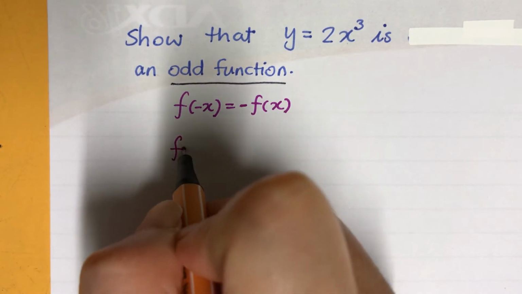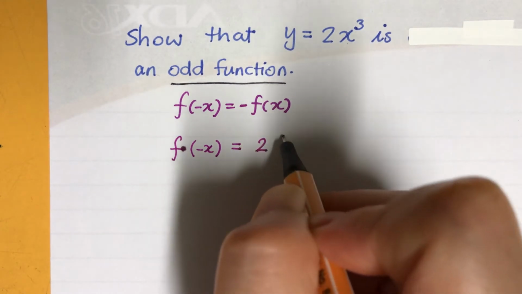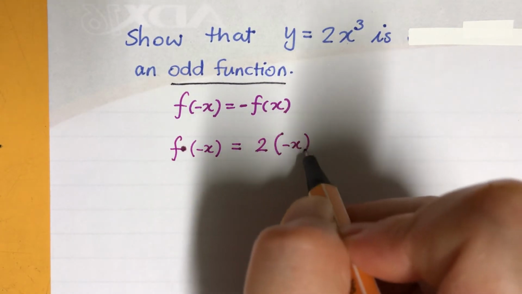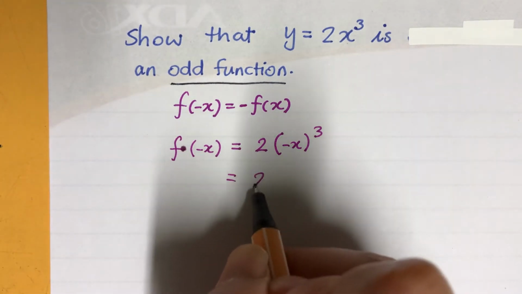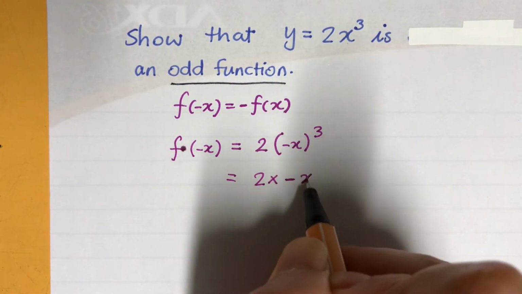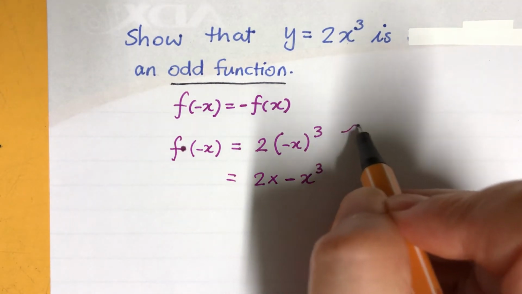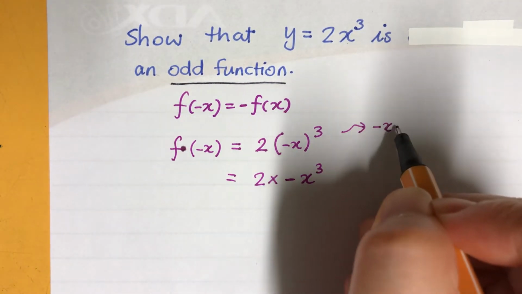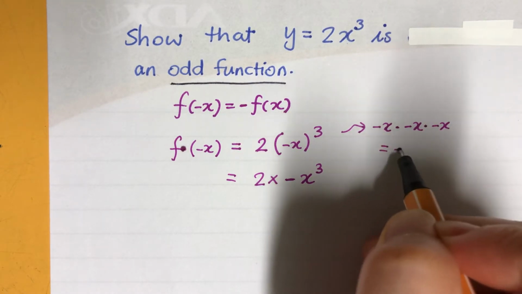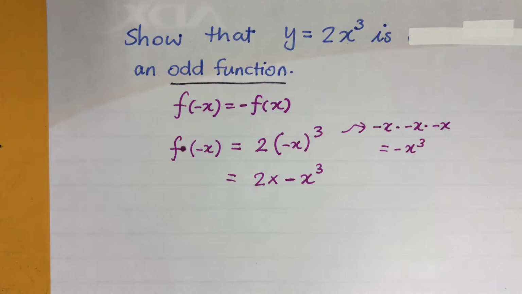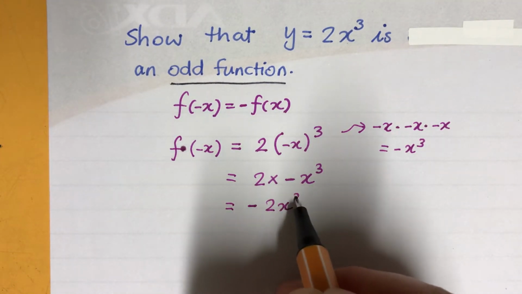f of minus x, which will be 2 times minus x cubed. Okay, so that's 2 times minus x cubed, isn't it? Because what does that mean? Here is minus x times minus x times minus x, which will give you minus x cubed. Okay, that we can write it like this.